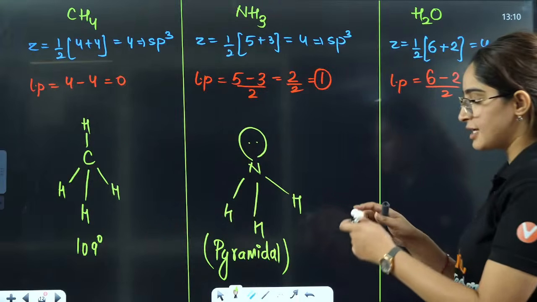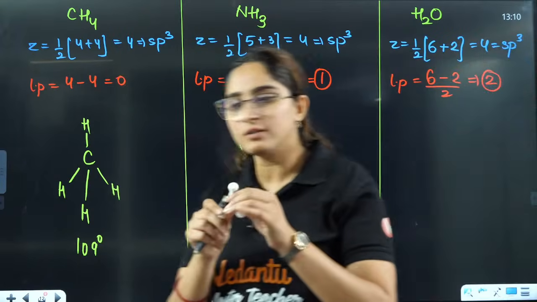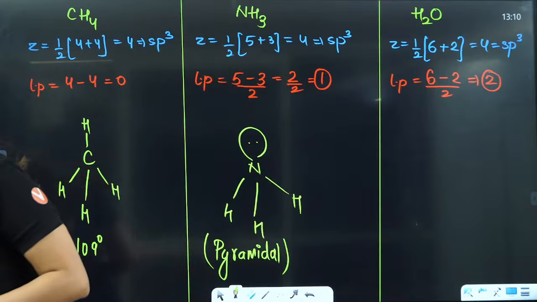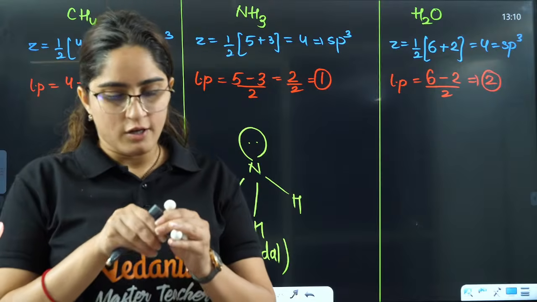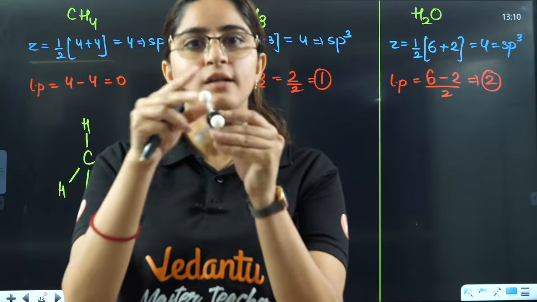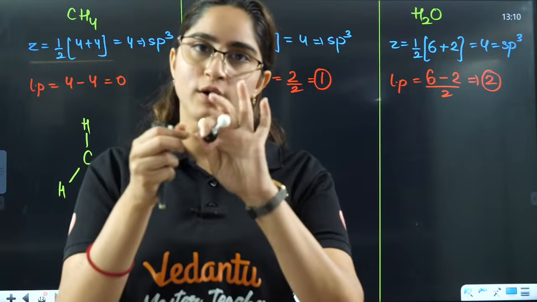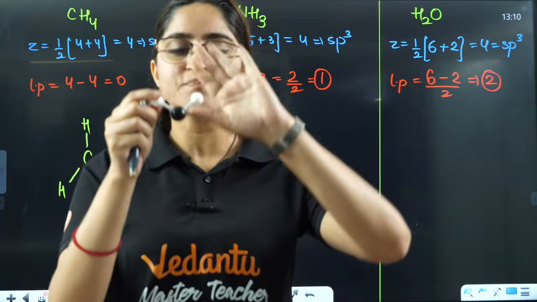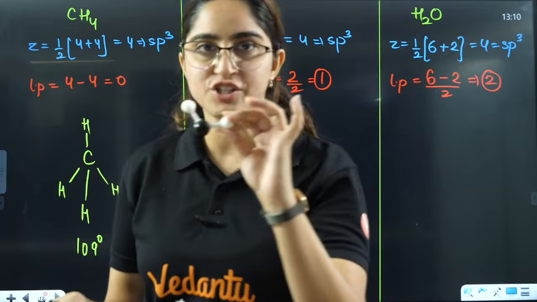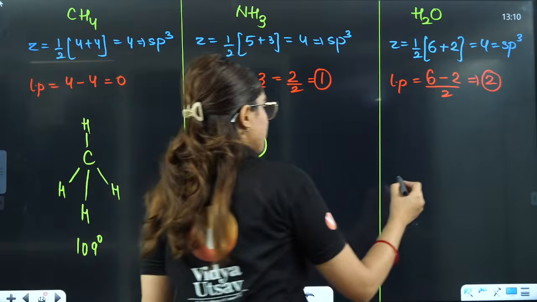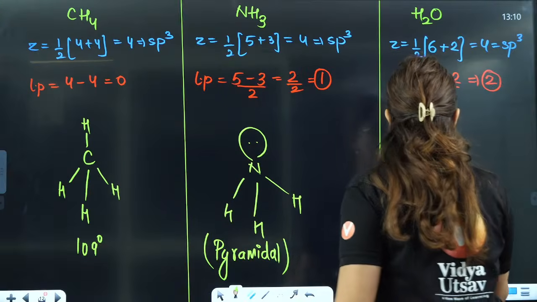Acha, now let's talk about water. In water, earlier you had 2 lone pairs in tetrahedral. Now you will take out 2 lone pairs, okay? Now it will be a bent V shape. So that is why for water we say it is a bent V shape. Water looks like this. This is oxygen.